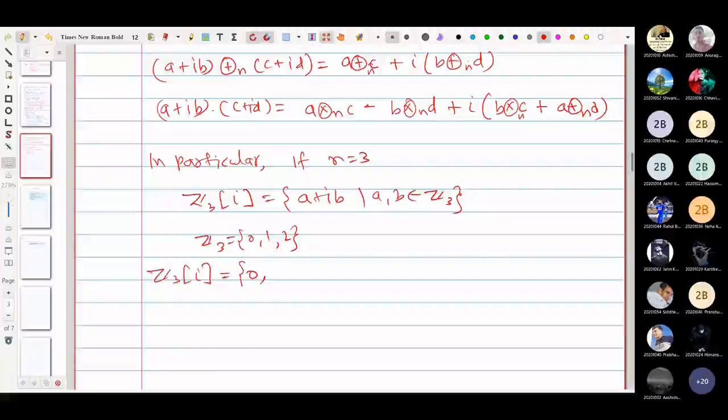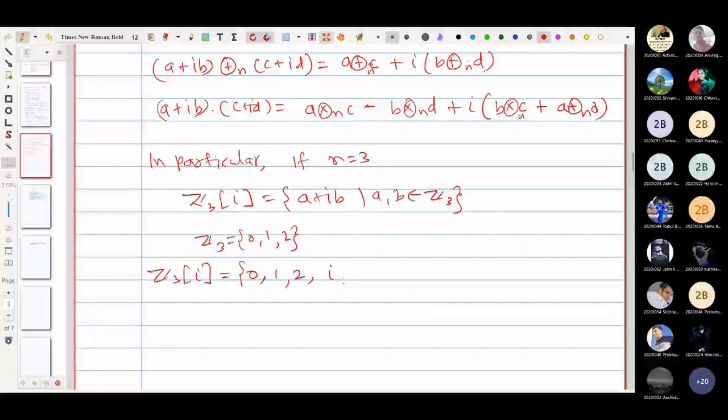You can take a is 1 and the rest is 0, that is b is 0, so you will get 1. And then 2 also you will get. You fix a with 0 and then you change b, or you fix b and change a, like this.